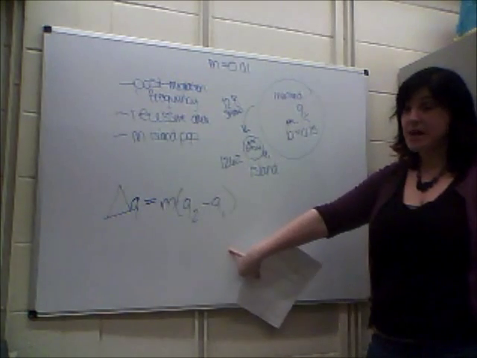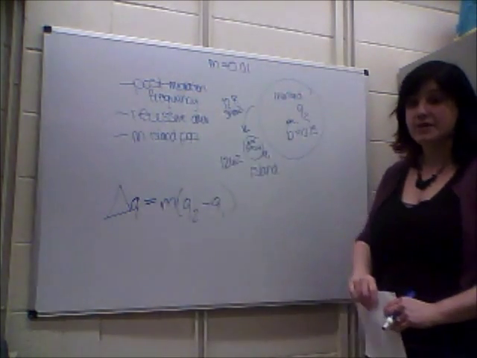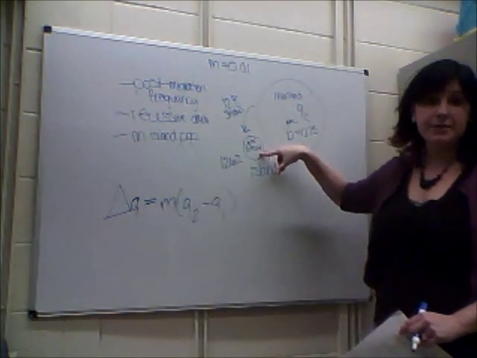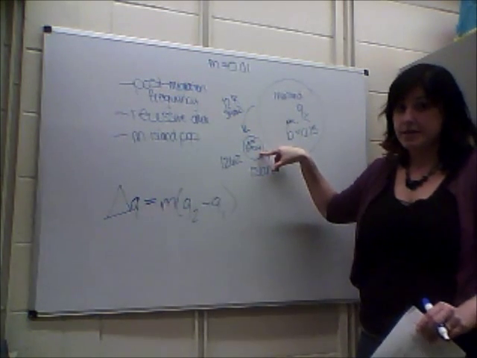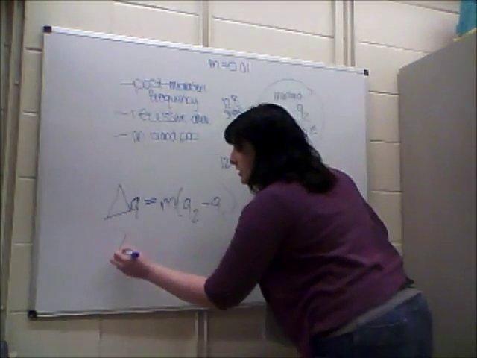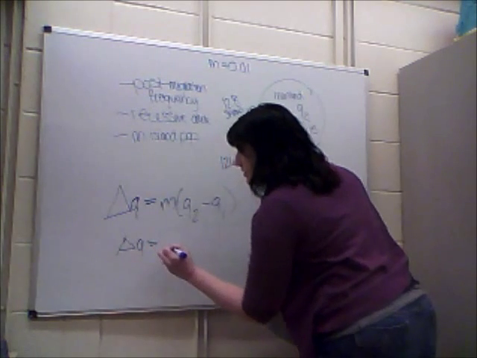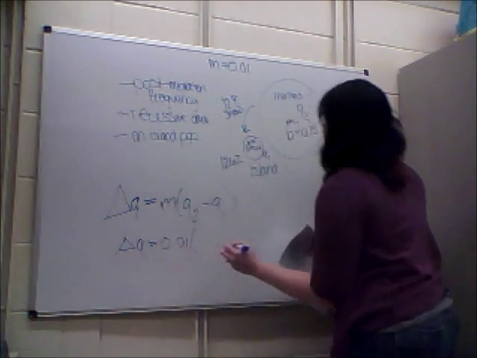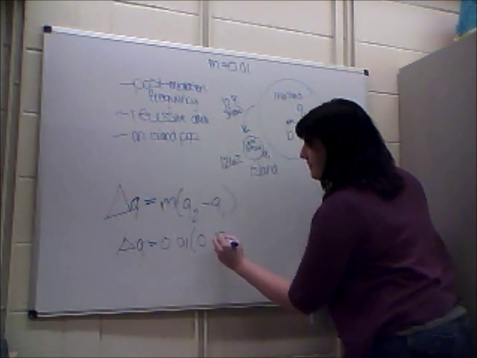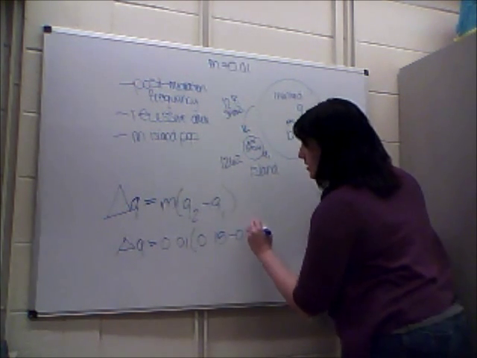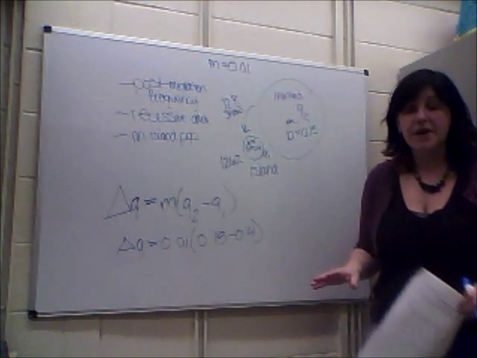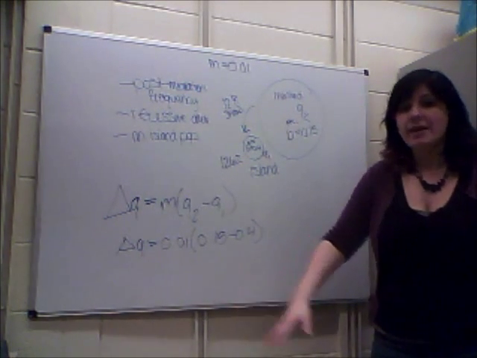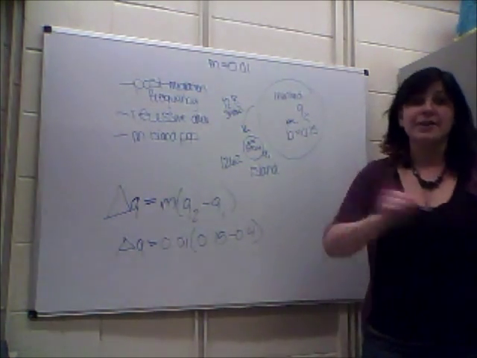All right, so this is just plug and play. Now that we have our migration rate, we already know our allele frequencies. They were given to us or we calculated them earlier. So you do change in q is equal to 0.01 times 0.15 minus 0.4. Now some of you are probably going, oh wait, Amanda, that number is going to be negative. You're right.